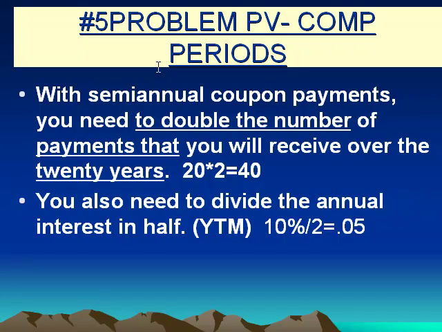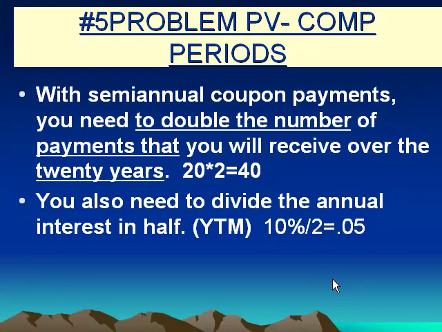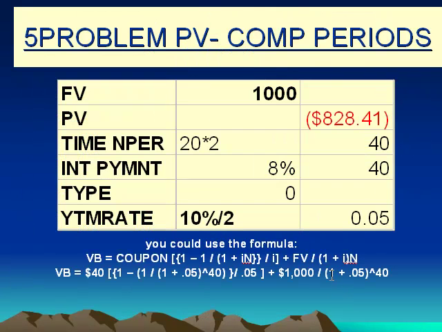So you need to divide the interest rate. Your annual interest rate is 10%, so divide that by 2. Unless it says periodic semi-annual interest rate, it is assumed to be an annual interest rate. So it is 5% per interest period. Again, click on the present value function. Future value is 1,000. Time is now 40 periods instead of 20 because of times 2.